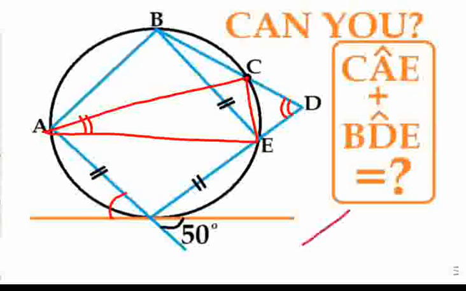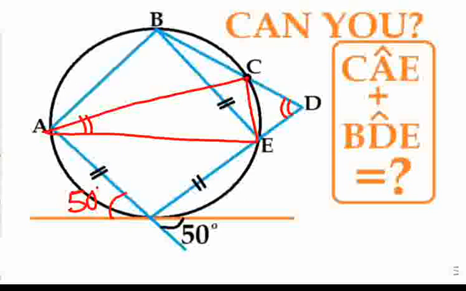Can you remember that when you have an X shape, vertically opposite angles are equal? So if the angle here is 50 degrees, we can equally say that the angle here is 50 degrees because vertically opposite angles are equal.